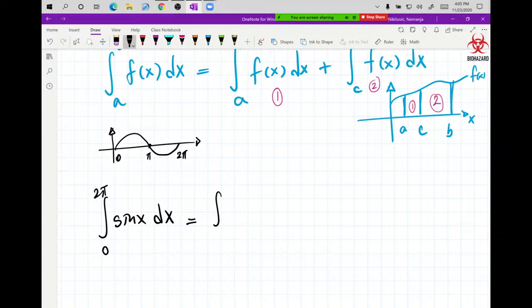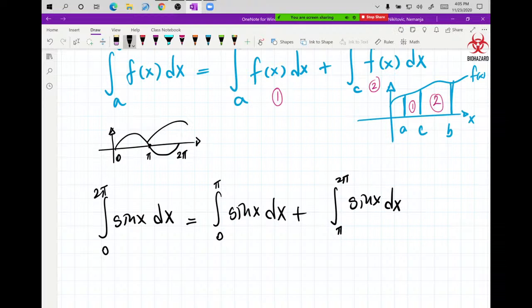So I'm going to break my integral: 0 to pi of sine x dx, and leave that one alone because everything is cool, it's above the x-axis. The noisemaker is the second one, the integral pi to 2 pi of sine x dx, because that's the one below the x-axis.